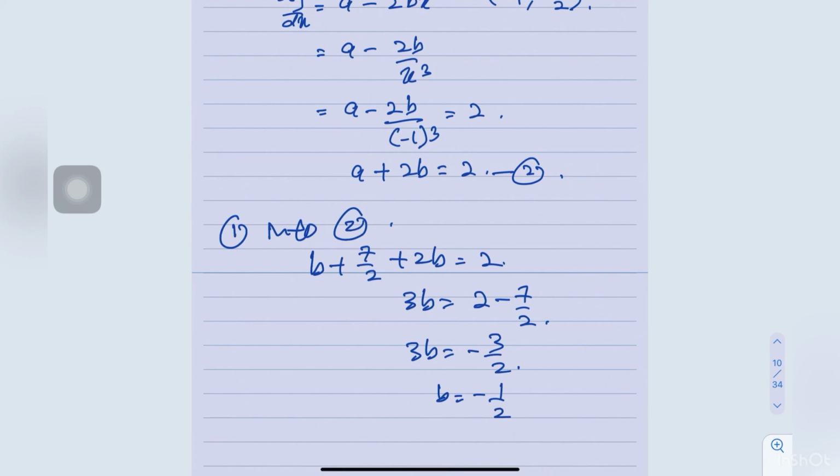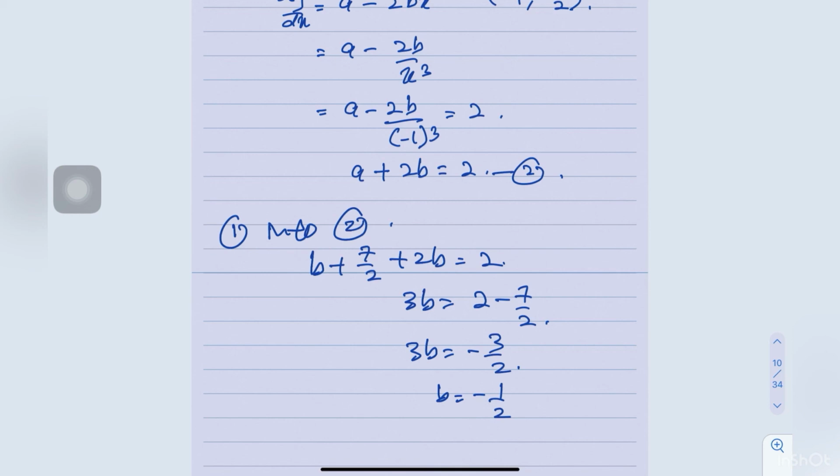Okay, so now we already have the value of b, which is -1/2. So we can substitute b equals -1/2 into any equation, maybe equation 1 or equation 2. Let's say I choose equation 1.